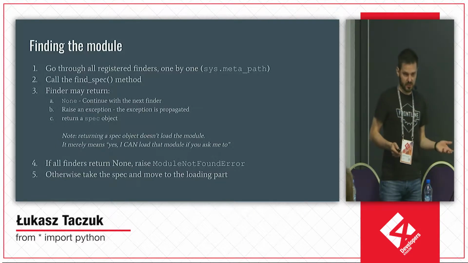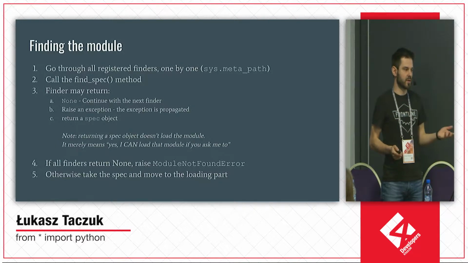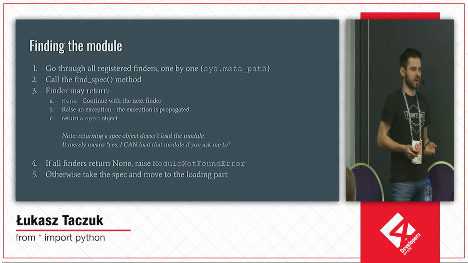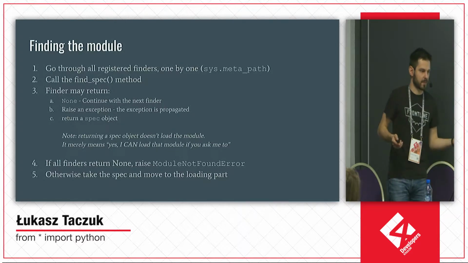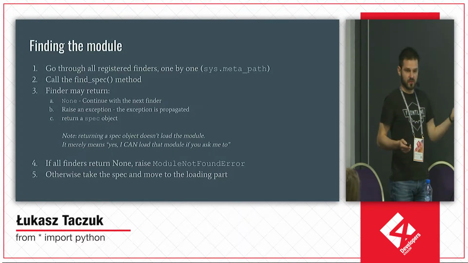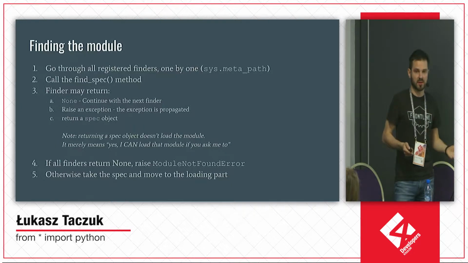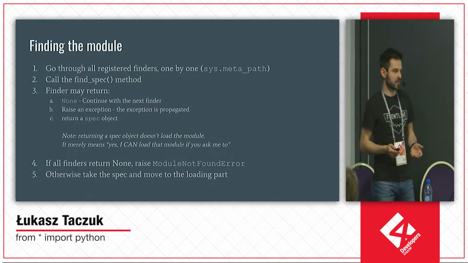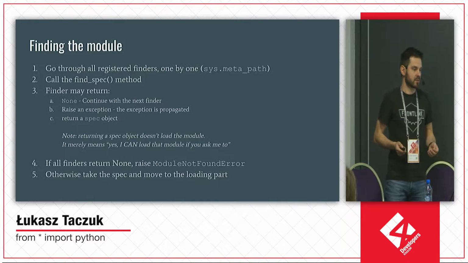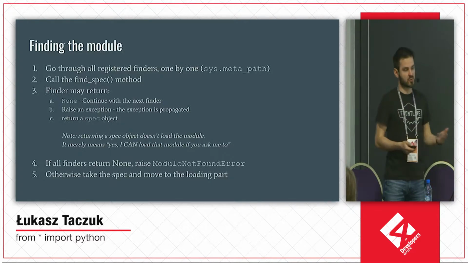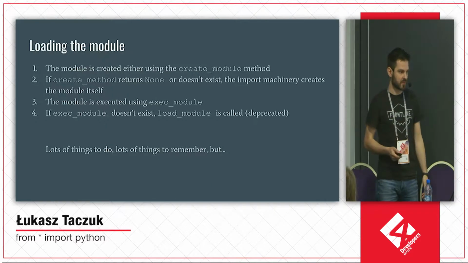It can raise an exception, of course, or it can return a spec object. The spec object contains the loader that will then be used. If all the finders return None, that means we cannot import this module, and you get the ModuleNotFoundError exception that you probably know. Otherwise we move to the loading part.